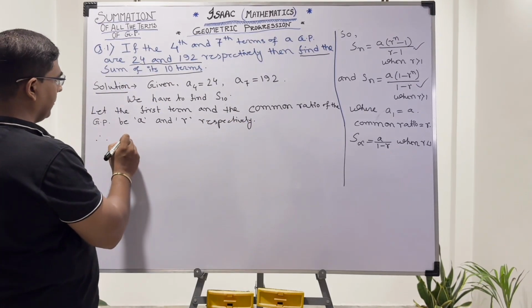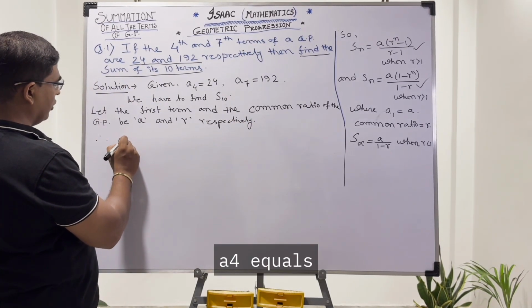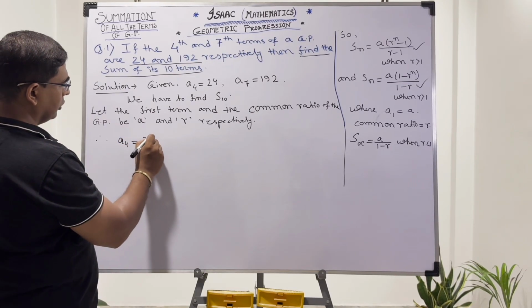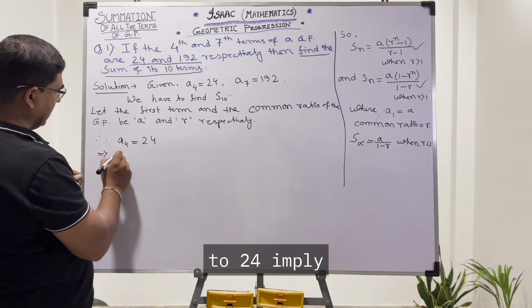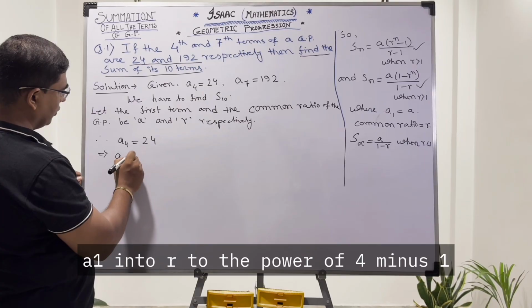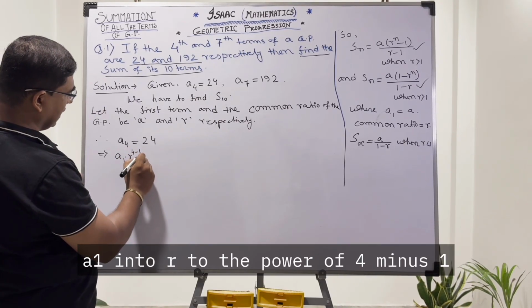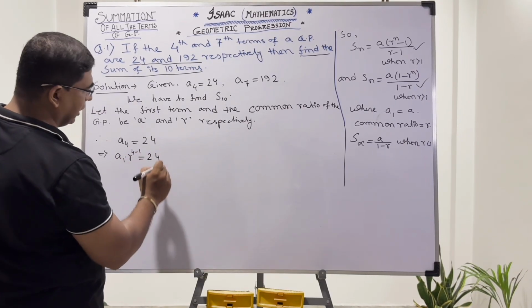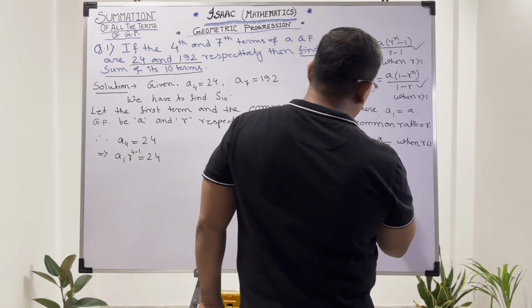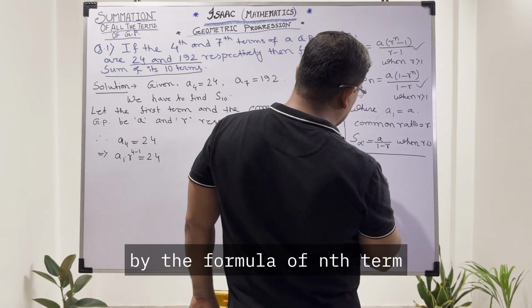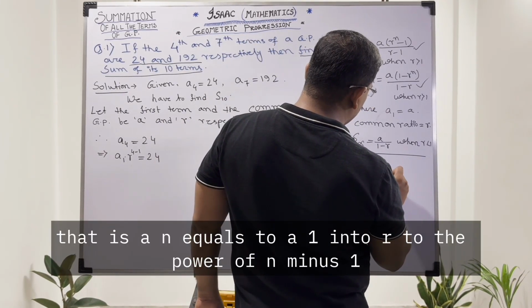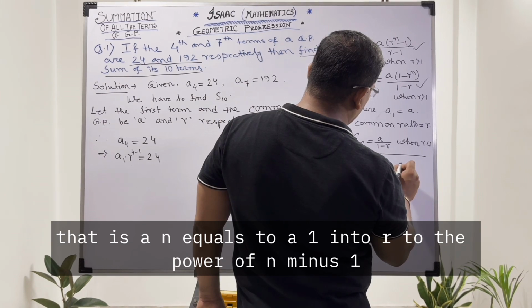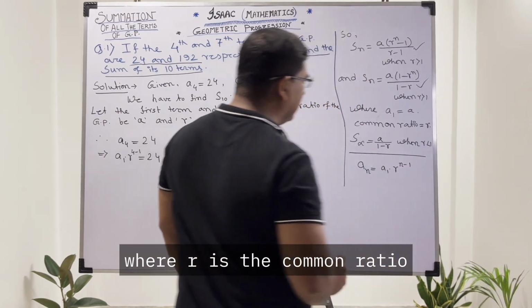So therefore, A4 equals 24 implies A1 into R to the power of 4 minus 1 equals 24, by the formula of nth term, that is An equals A1 into R to the power of n minus 1, where R is the common ratio.